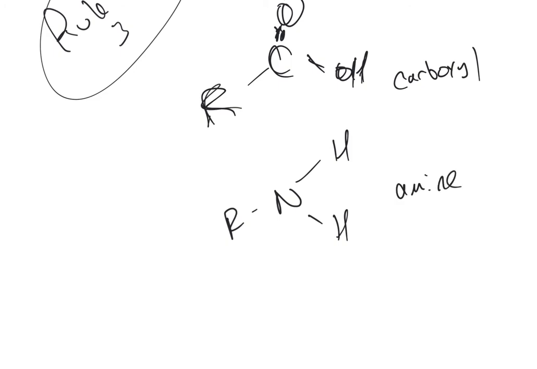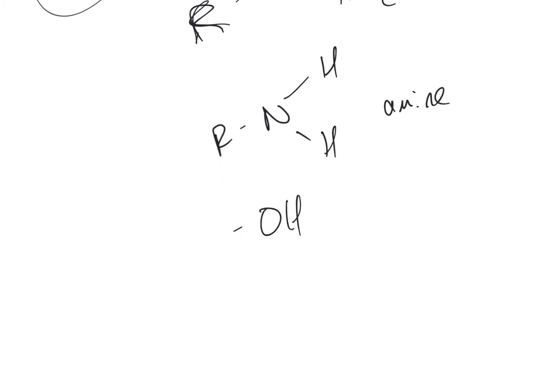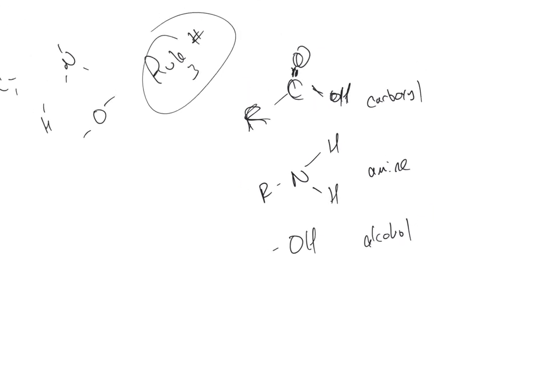So R is just more of the molecule. So RNH2 is amine. OH is, I can't remember right now. We'll come back to it. OH is alcohol. OH is alcohol. All right. That's rule number 3.